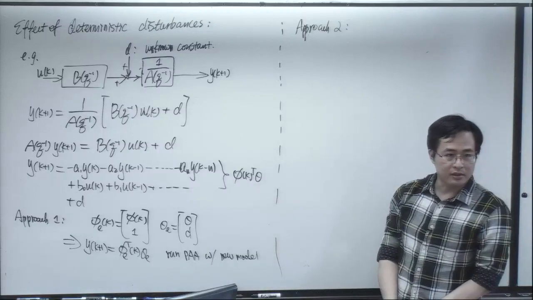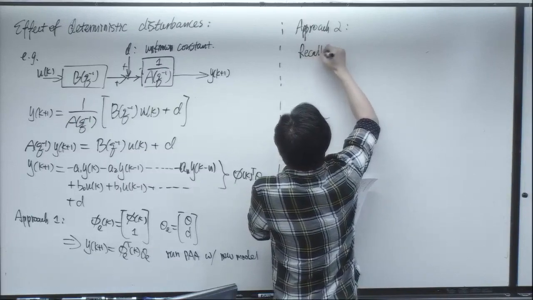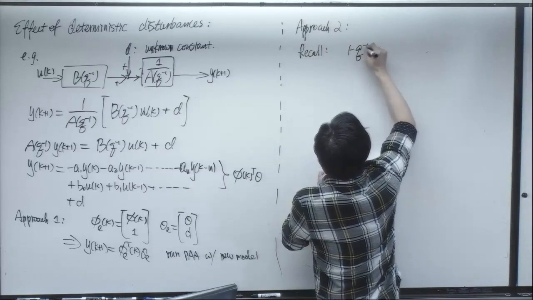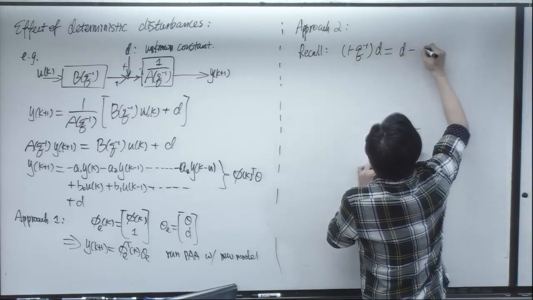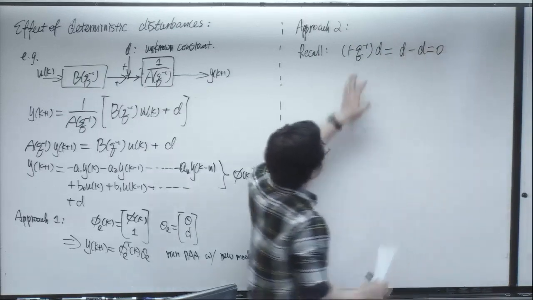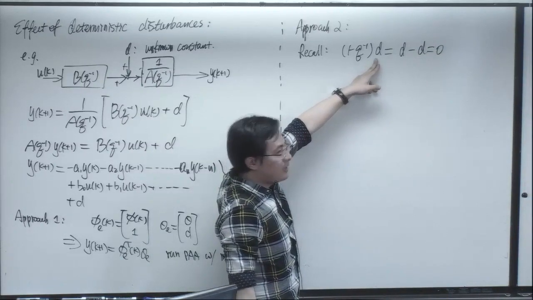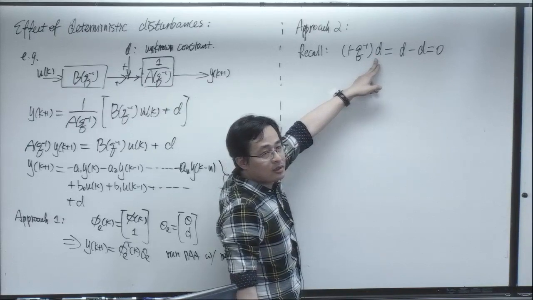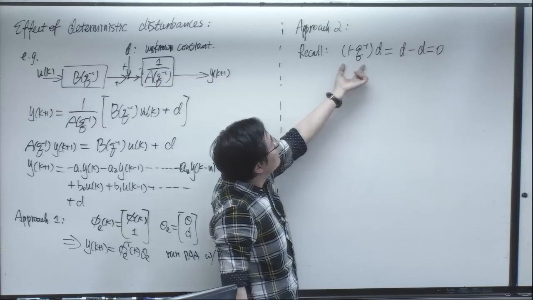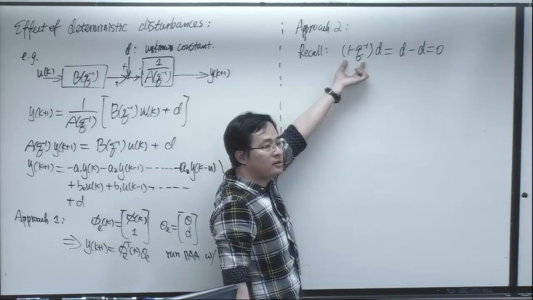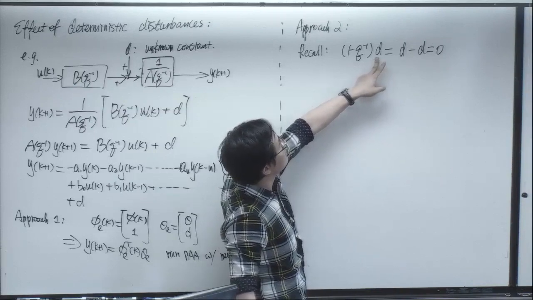In one of the lectures, we talked about this concept of low-pass filtering. A constant doesn't have any high-frequency components. It is always a constant. It doesn't change its value. And this is actually a form of low-pass filtering. It will filter the DC gain component of its input signal.